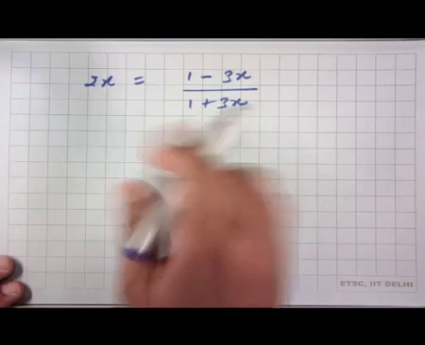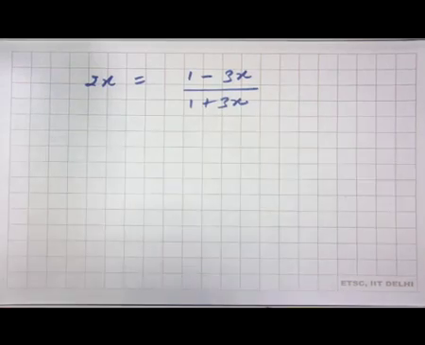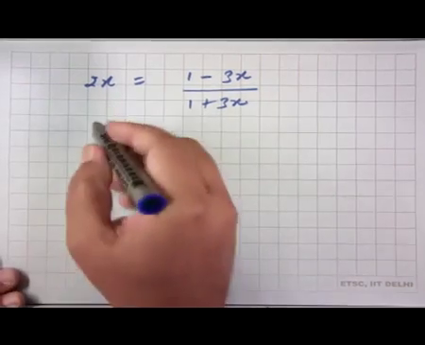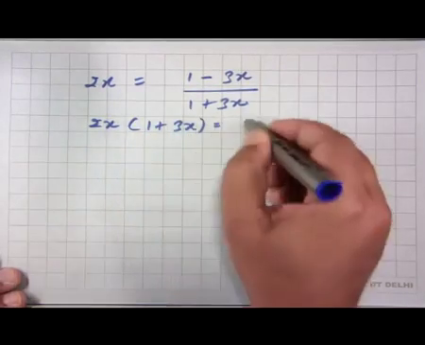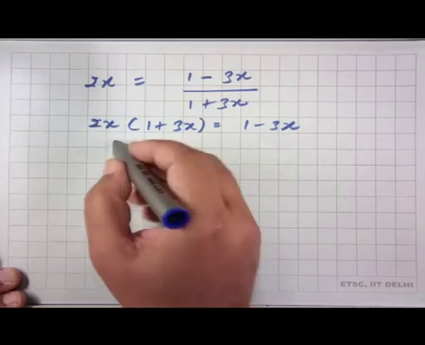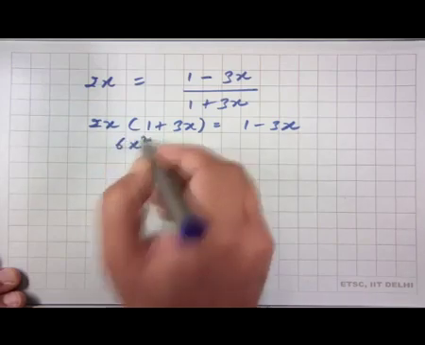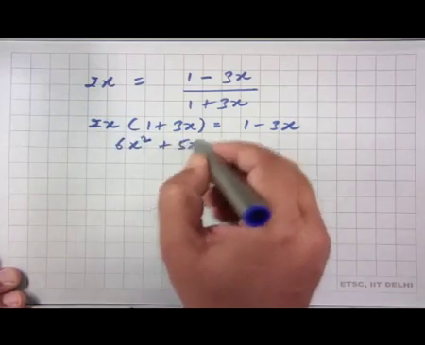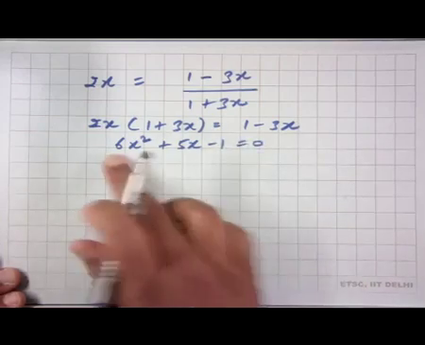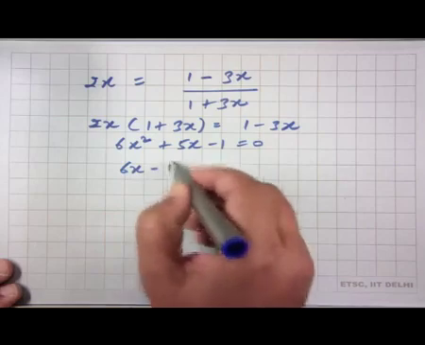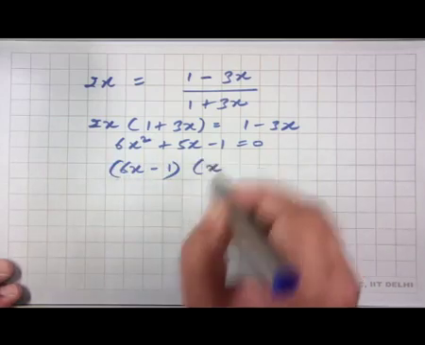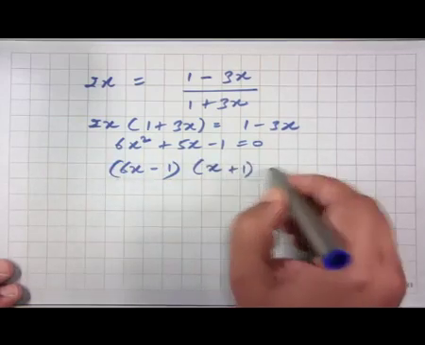And then if we work it out with a little bit of algebraic manipulation, we have 6x squared plus 5x minus 1 equal to 0, and the left hand side can be factored as (6x minus 1)(x plus 1) equals 0.